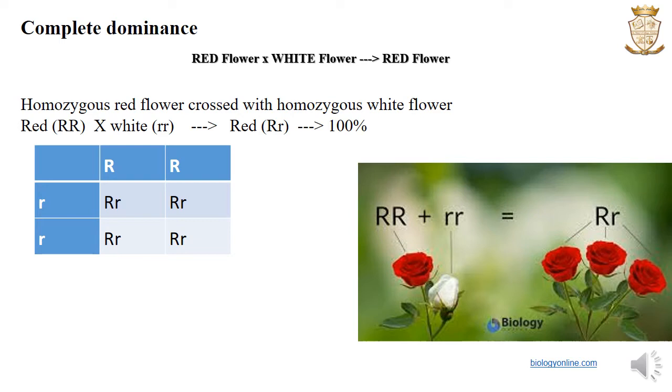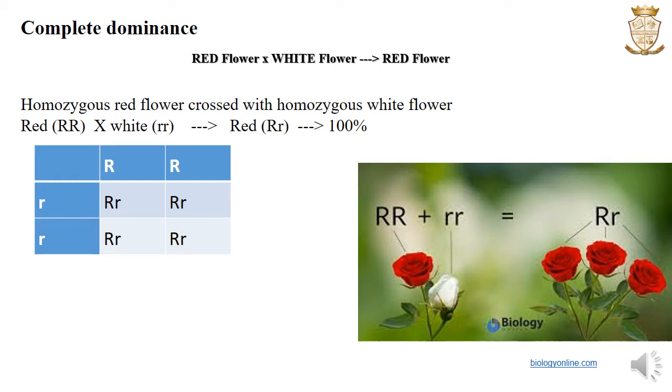Coming to complete dominance, we know from the experiments by Gregor Mendel on pea plants, where he used pea plants having a number of easily observable traits which were determined by two alleles. And in all the traits he studied, one allele was dominant for the trait and the other was recessive.